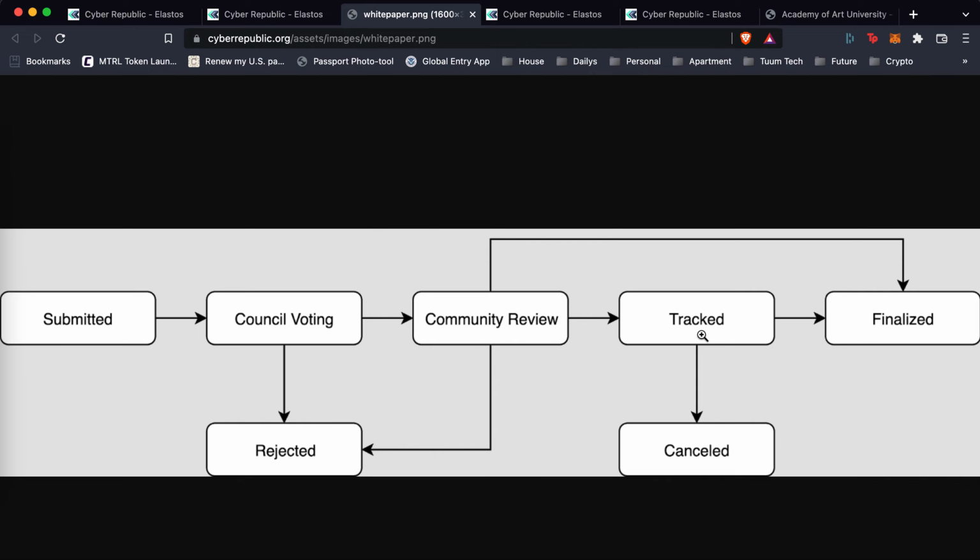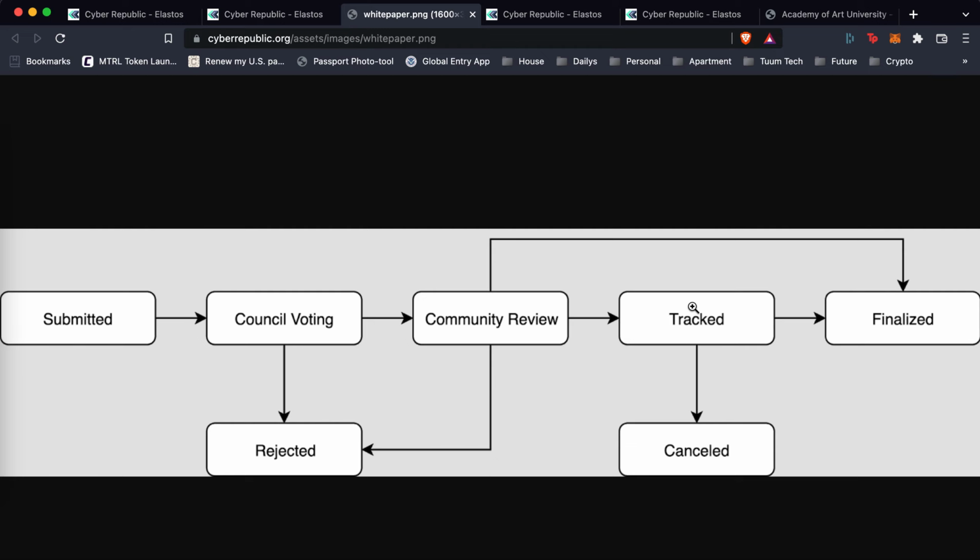This is where the original suggestion of the proposal, let's say there are several tasks that the proposal demands. As an example, if the proposal was to deploy an API service to the main chain node, it may have several tasks underneath it.